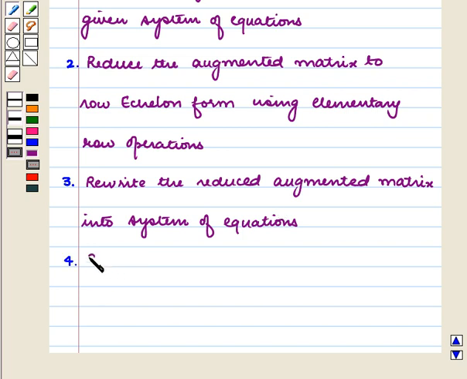And the last step is to solve the obtained system of equations using back substitution.